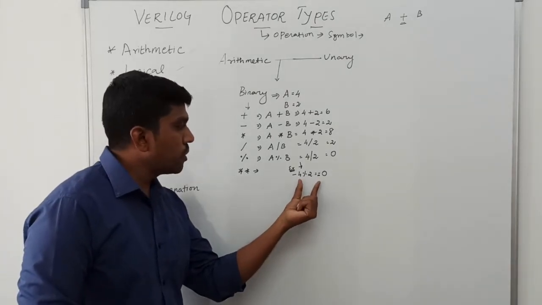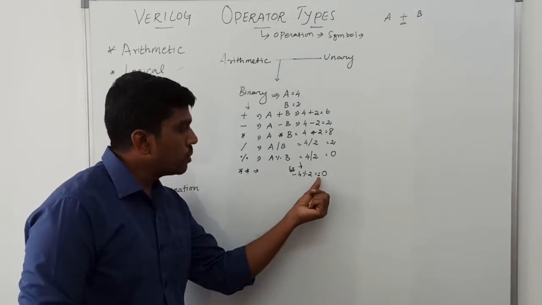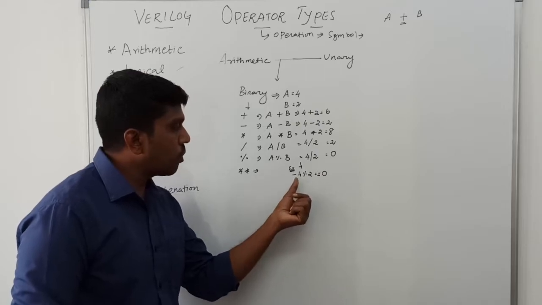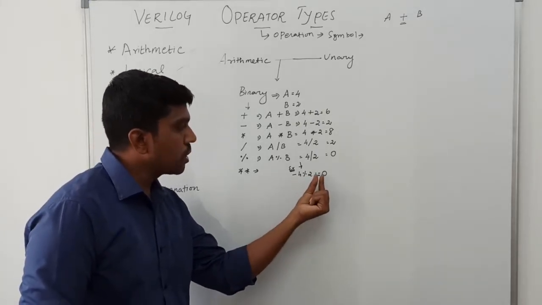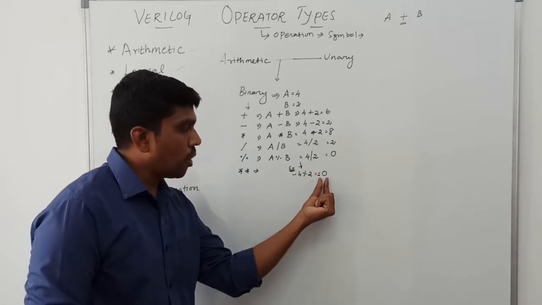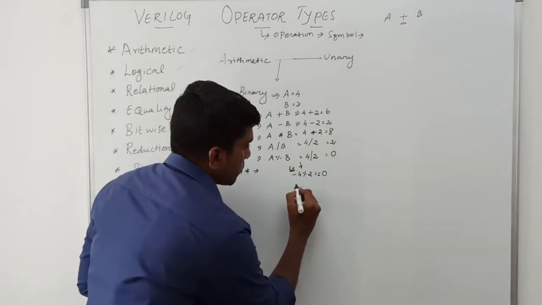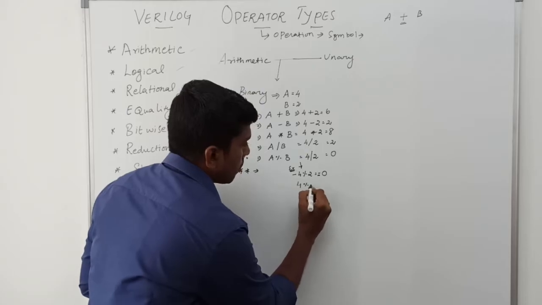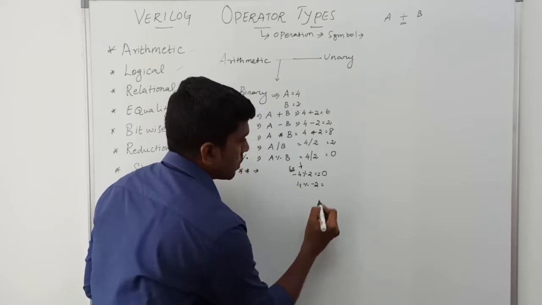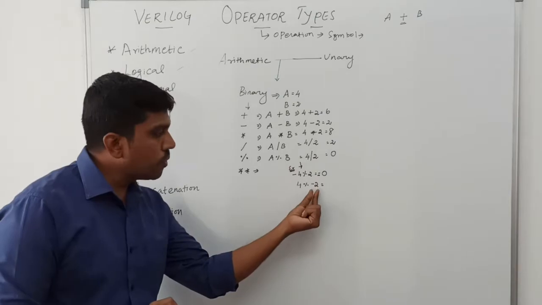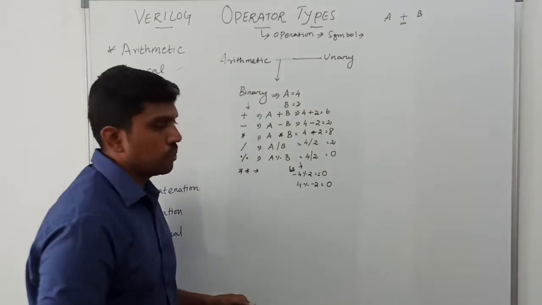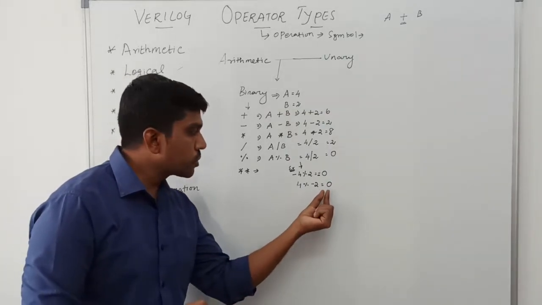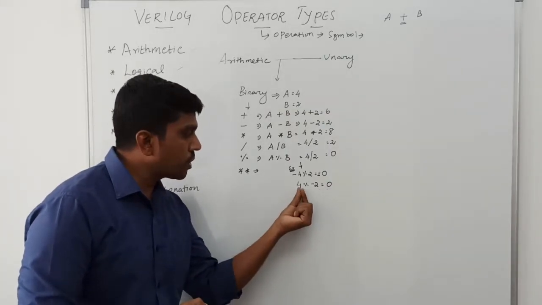In modulo division, the output value should carry the sign of the first operand. Suppose the first operand's sign is negative, you should mention it in the output. Now suppose 4 modulo minus 2. Here operand 2 is a negative value, but the result is plus 0. So you only consider the sign of the first operand.